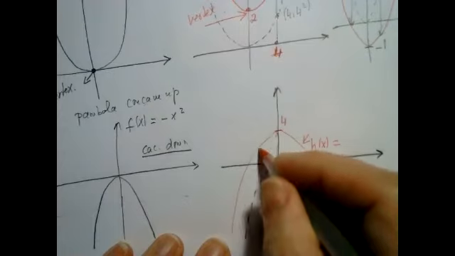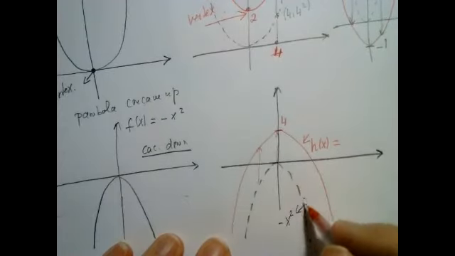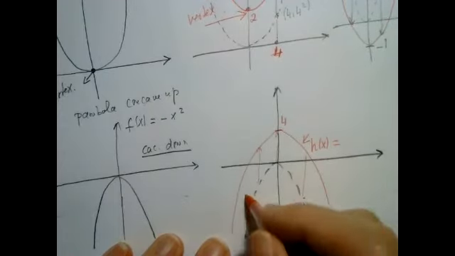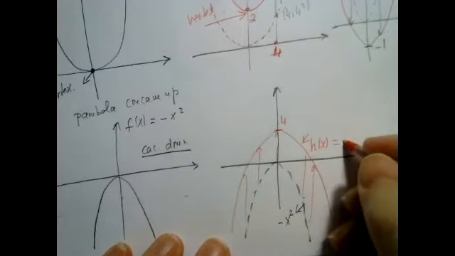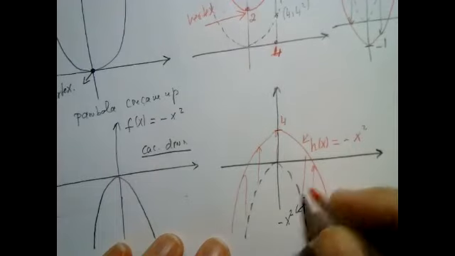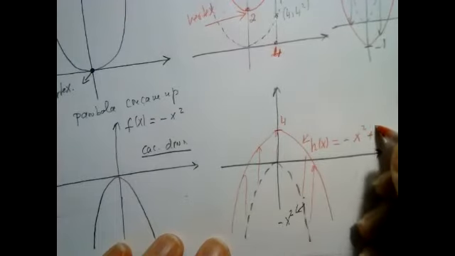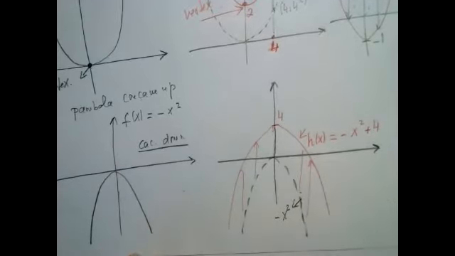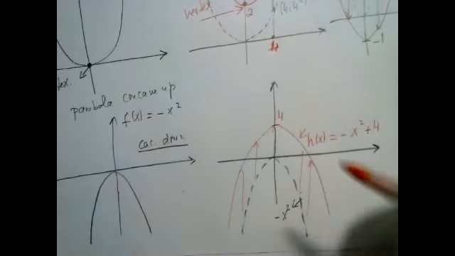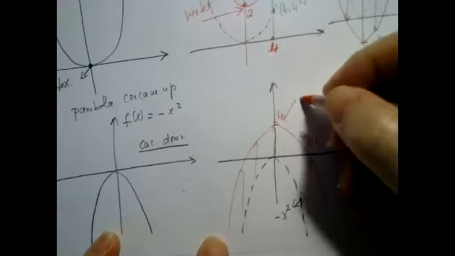Every output value is going to be shifted up by 4 units. And so it's going to be minus x squared, but you add 4 to it. That will be this graph in red, and this will be my vertex.